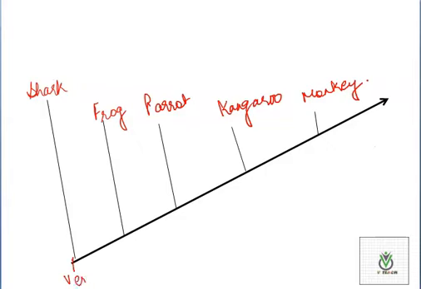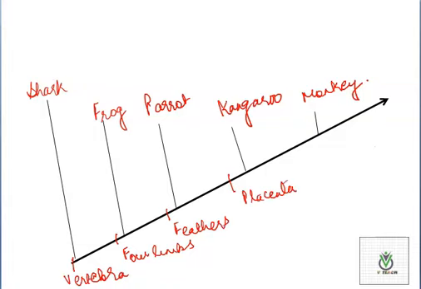So here vertebra. This is the character which comes first, it is present in all these organisms. Now in frog, 4 limbs. These 4 limbs are present in all these organisms but not in the shark. Then feathers. Then placenta. Then hairs. So this node here represents a common ancestor over here.